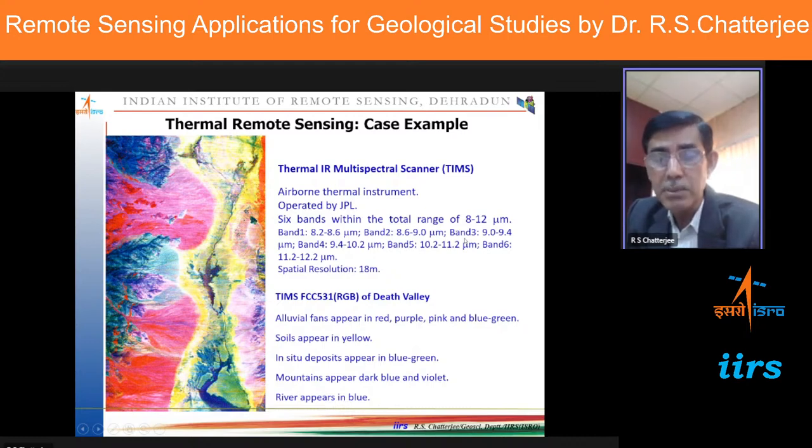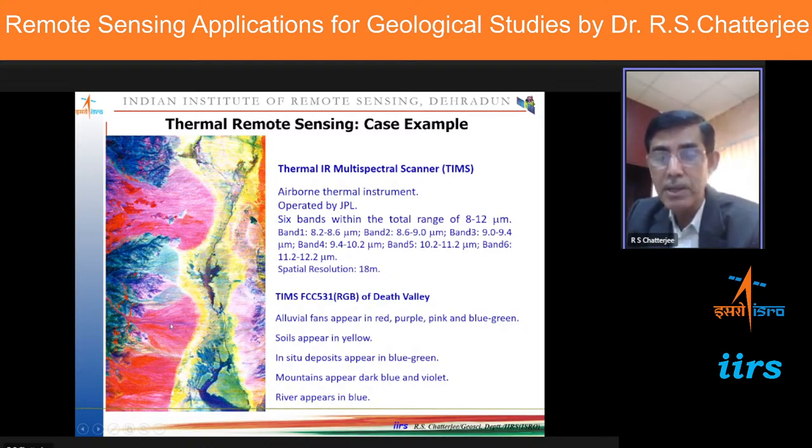The material which has higher temperature will have more electromagnetic radiation in the shorter wavelength, and the material which is lower in temperature will have more electromagnetic radiation in the longer wavelength. So this is very, very important. Based on these sensitivities, you are getting different colors in the false color composite.